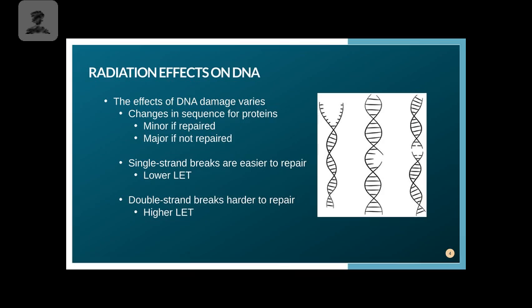If that happens, usually it's minor as long as it can repair itself, because usually DNA can see that something is out of whack and it'll fix itself. But sometimes our body doesn't pick up on that. If it doesn't, then it's major, because if you get your proteins out of sync, then it's going to create different things throughout your body that you didn't necessarily need or want. And maybe it's not doing a job anymore that it should have been.